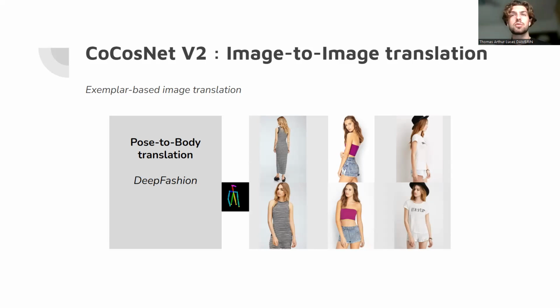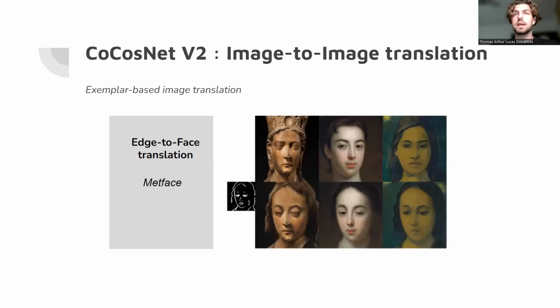It can be a pose-to-body application where we generate an image of someone in a specific input pose. Or it can also be an edge-to-face application where we impose, for example, new expressions and angles to an input face.